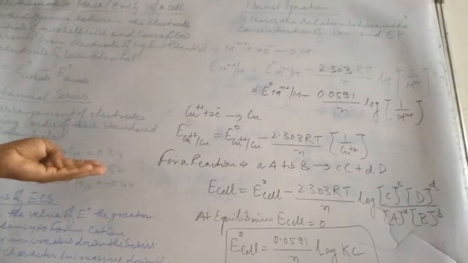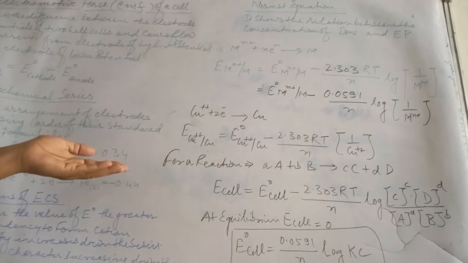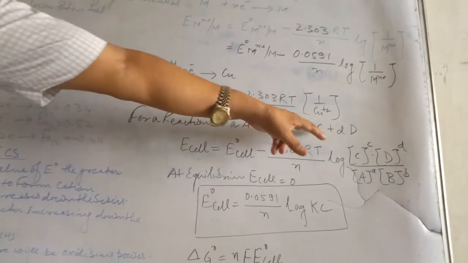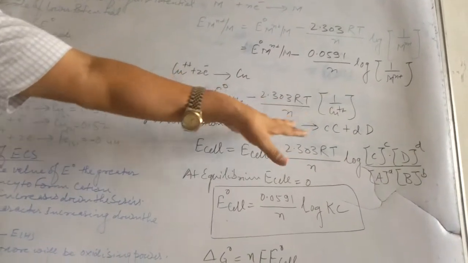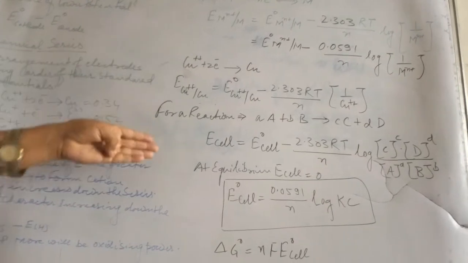Nernst gave another form when a reaction is maintaining equilibrium. Suppose this is a reaction, where A and B are the reactants, C and D are the products, and small a, b, c and d are their coefficients. So what will be the cell reaction?